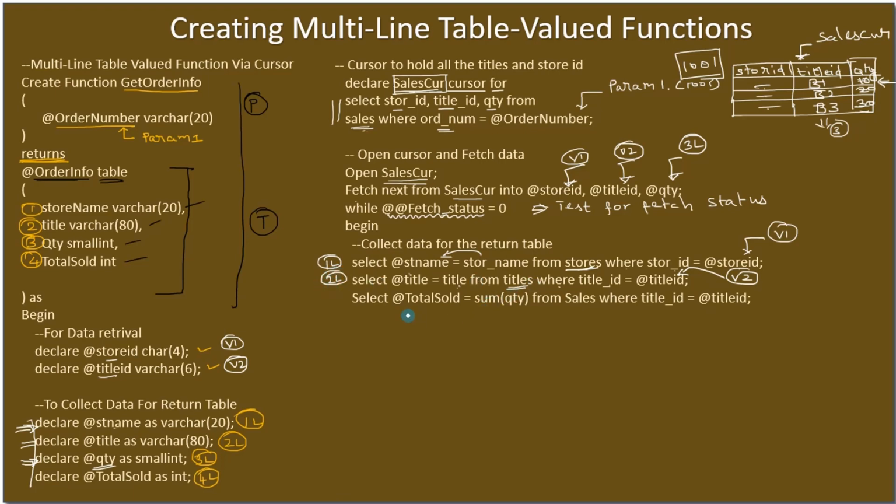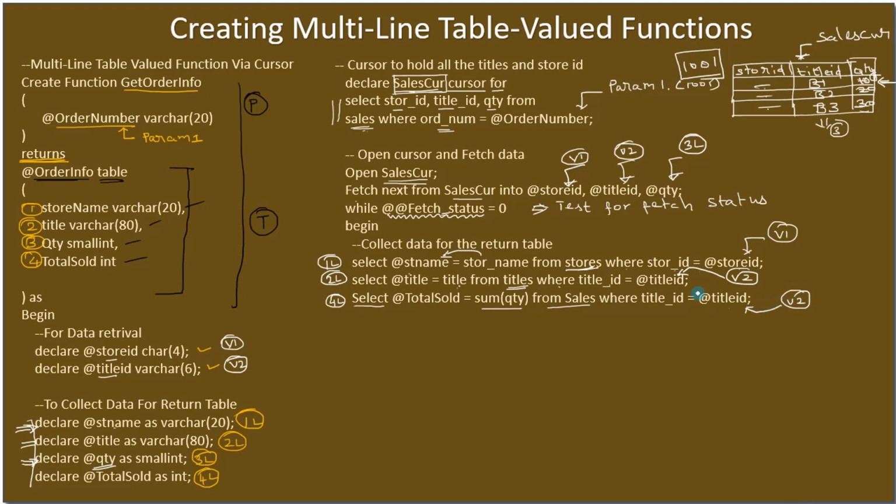And finally here we are using the aggregate. Select total sold. Total sold is here our 4L, right? Select sum of quantity from sales, where title ID equals the given title ID. This is store ID, title ID. We are once again using the title ID here. In the previous statement also we used title ID, right?